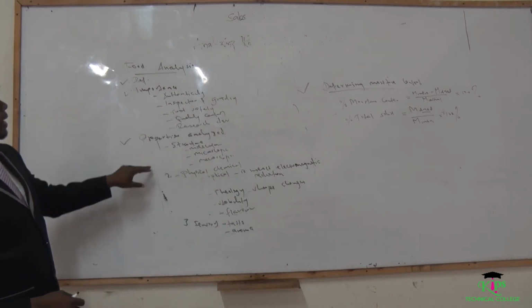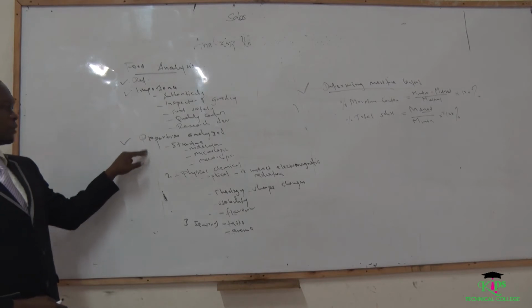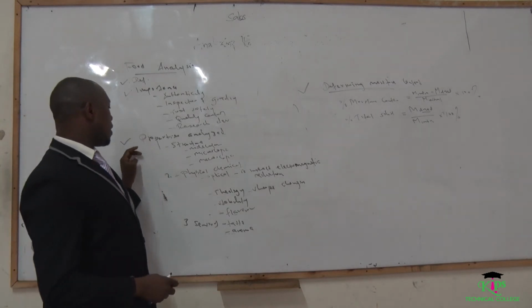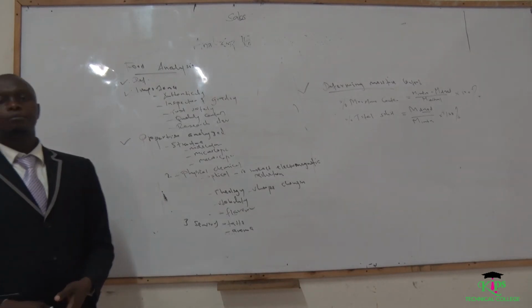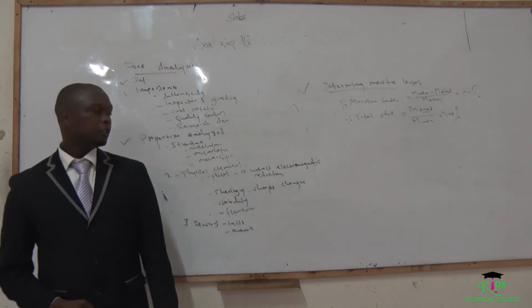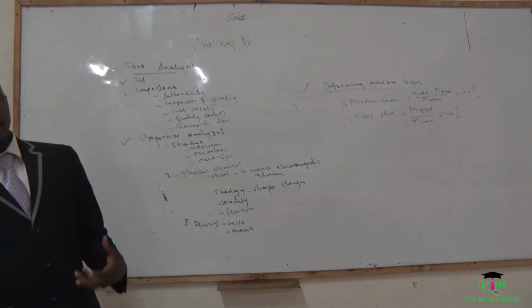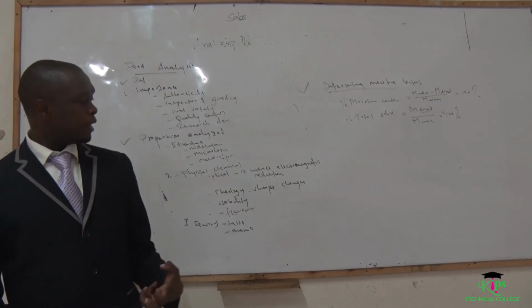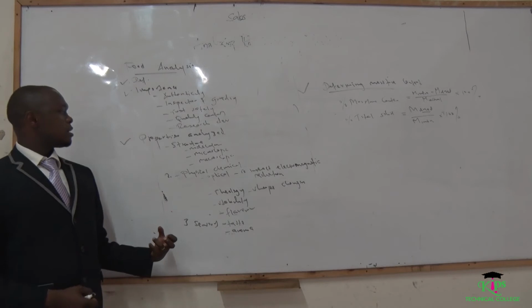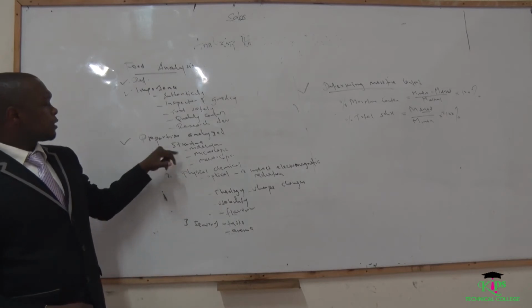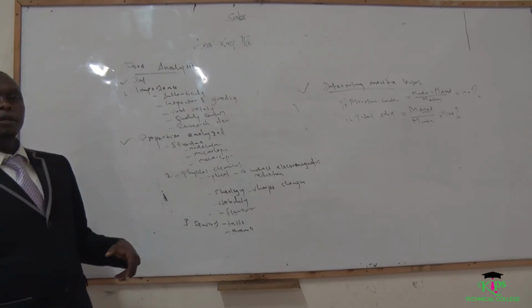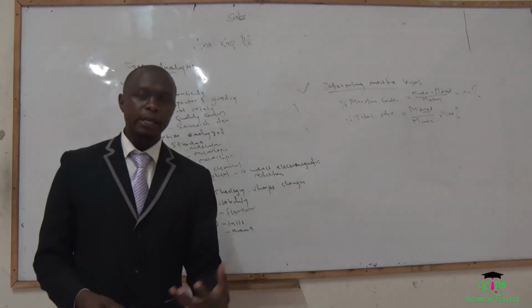These are the main features we normally analyze in the food. Number one is the structure. The structure of the food, that is in terms of the molecular structure, or whether the food is microscopic or macroscopic. When you talk about molecular structure, we're talking about the molecular components of the food.